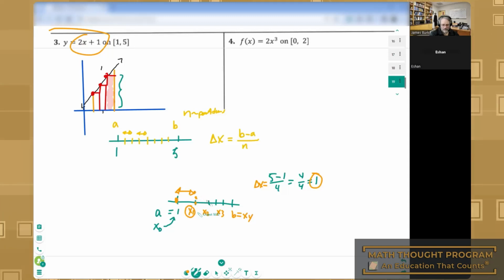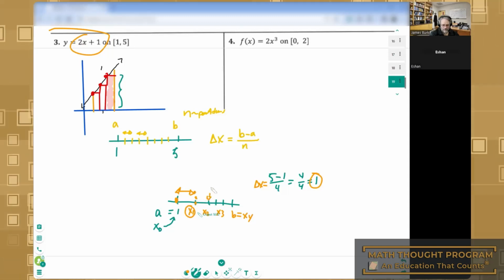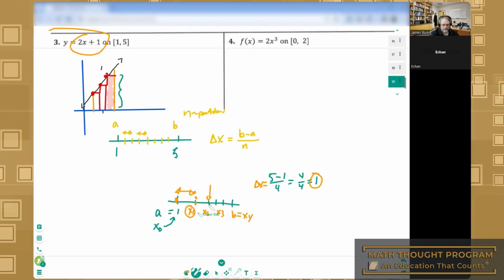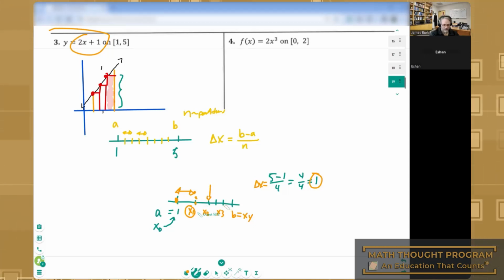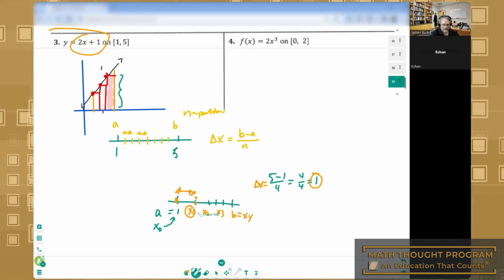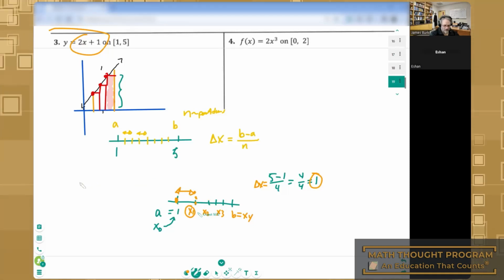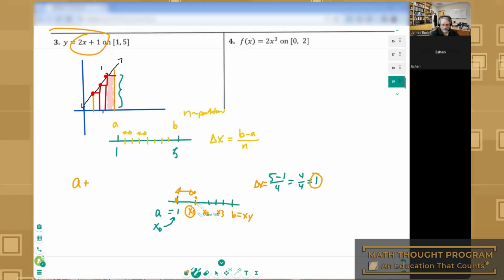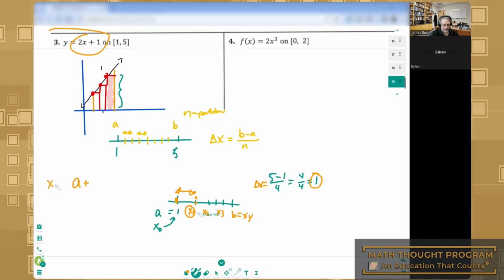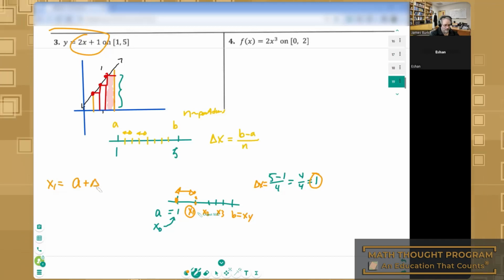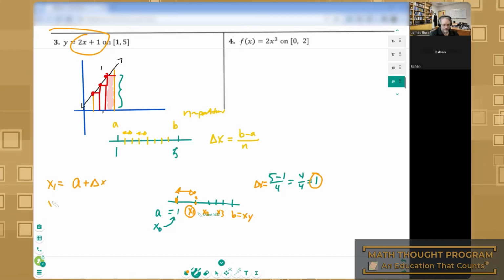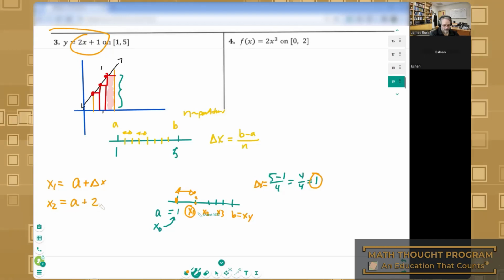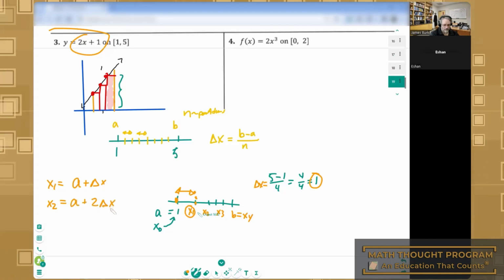And if I go to the next one right here, what's that value? 3. And so on and so forth. So if I want to go from my starting value to the next one, x1 would be this. And if I want to go 2 steps out, I would go 2 steps out.